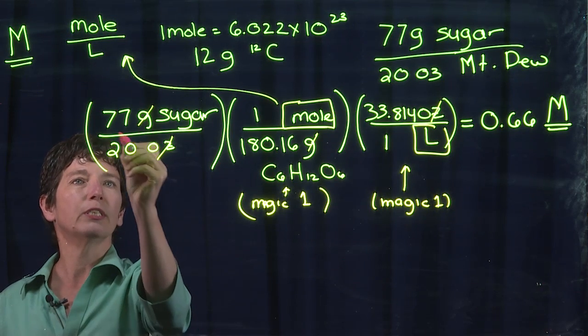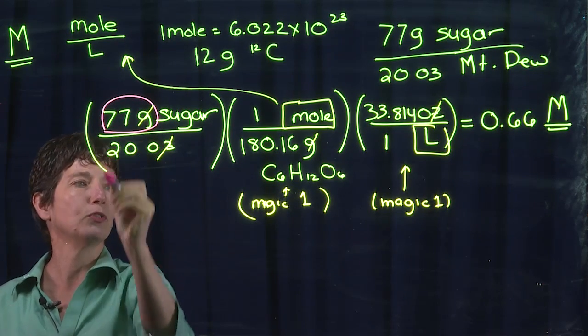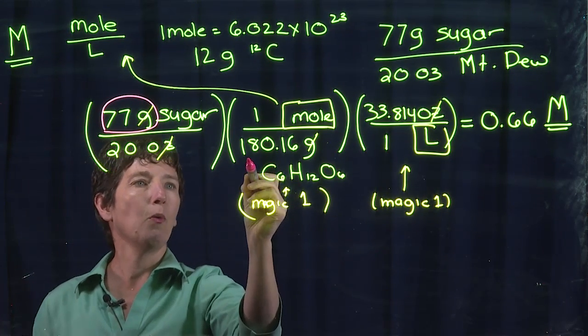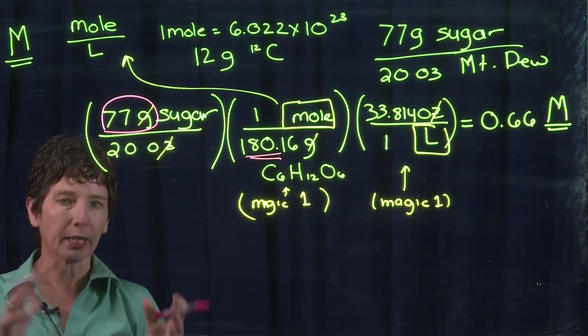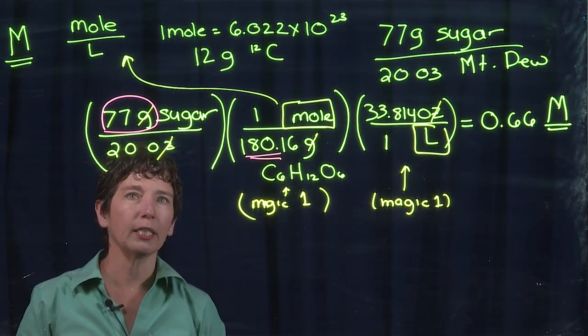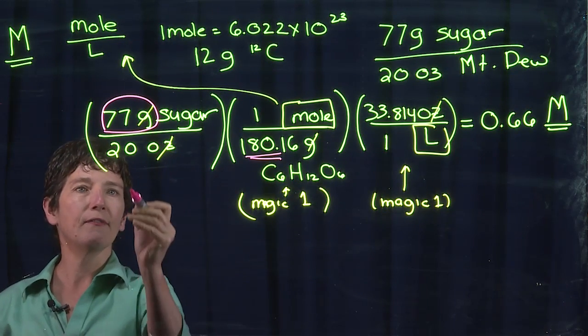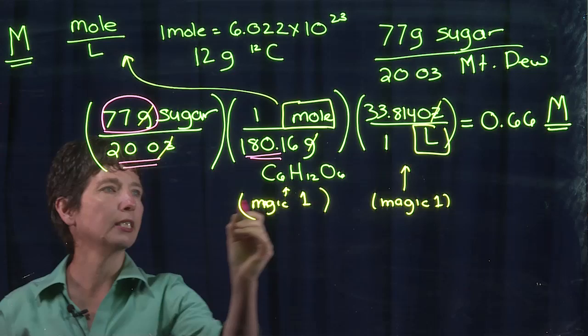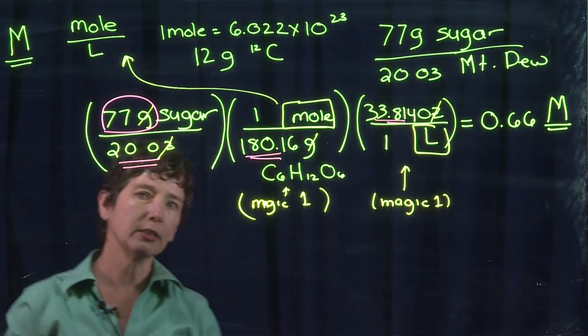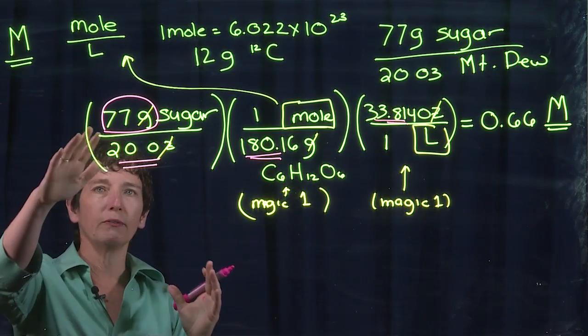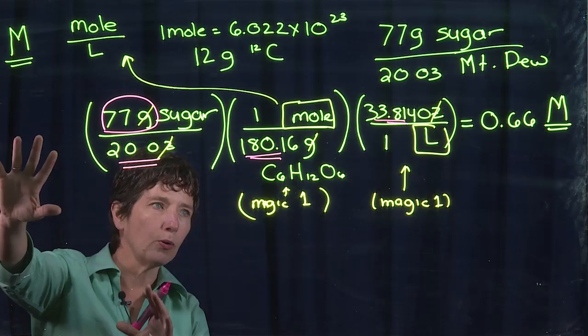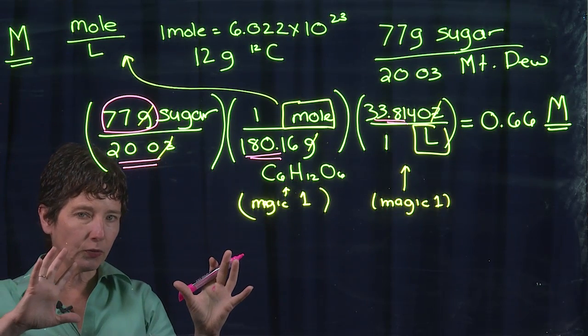I started off with 77 grams of sugar, and I see that 1 mole is 180 grams. So just order of magnitude, I have about a half a mole of sugar at the beginning of my problem. And I have that in 20 ounces, and I see that 33 ounces is a liter. So I have about half a mole in about 2/3 of a liter.